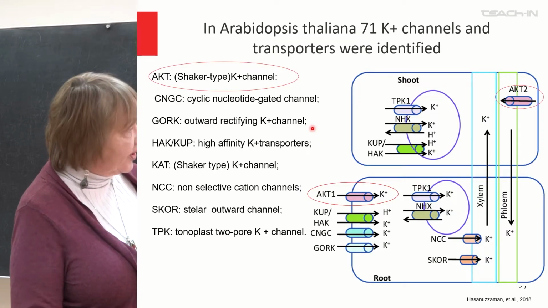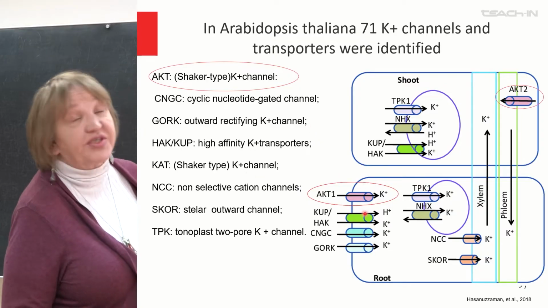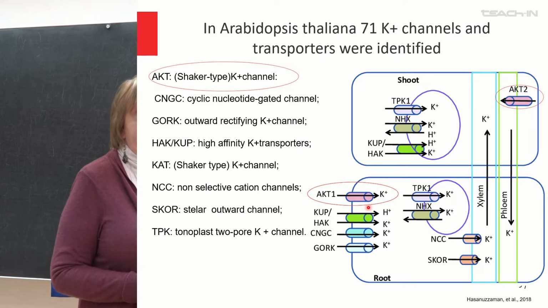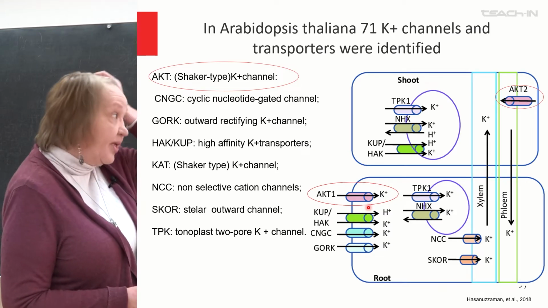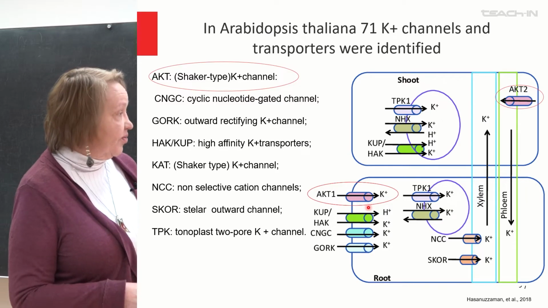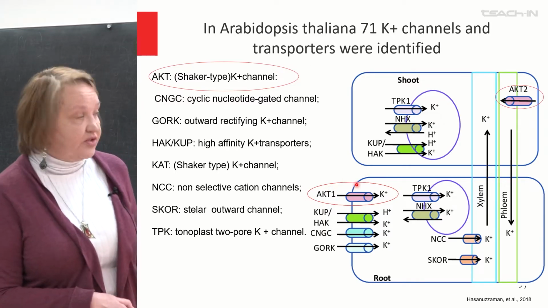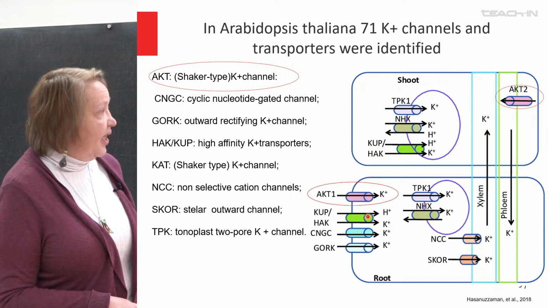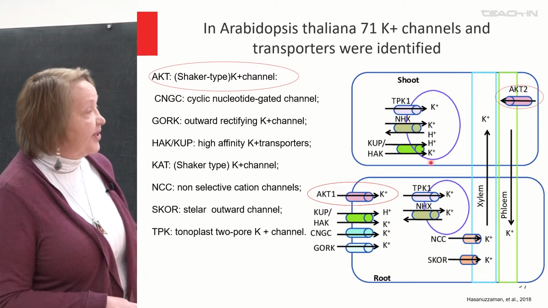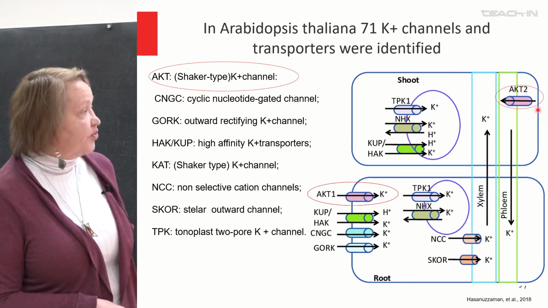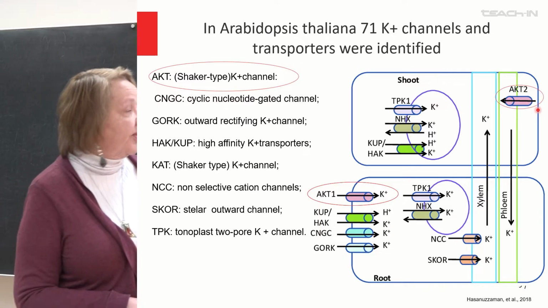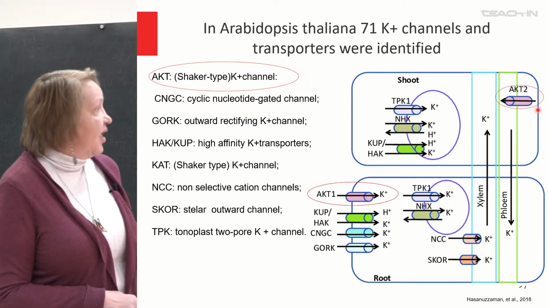Of course, on this graph you see only small representations of potassium transporters. But AKT1 is an important transporter that transports potassium inside the cell. And there's another AKT transporter that is transporting potassium into the phloem.